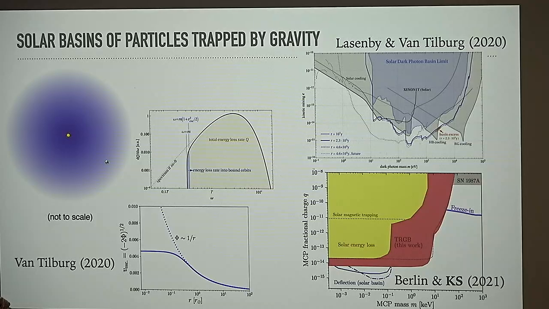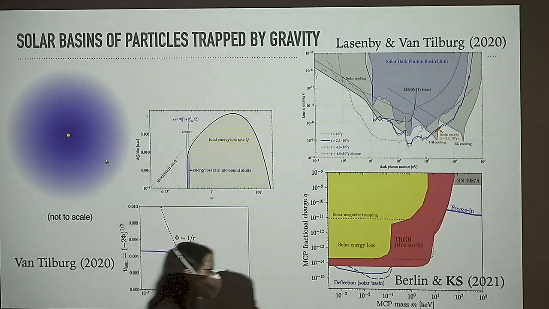It's a pretty steep falloff, I think it's r to the -4, if I recall correctly, Ken. And so the Earth, obviously this is not to scale, might be living inside of this little basin of particles, and that might be another way of detecting them in the lab. These particles can have very different kinematics, so that might make them harder to detect because they're going slow, but their density can exceed the density of the unbound particles, so that's helpful.